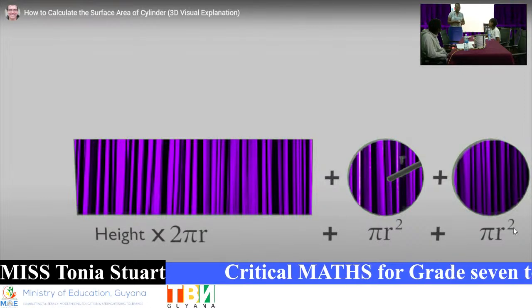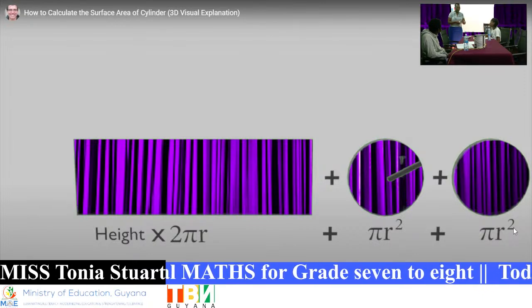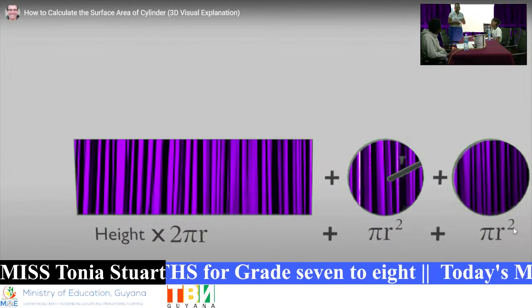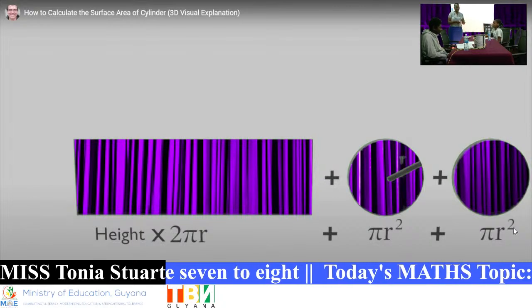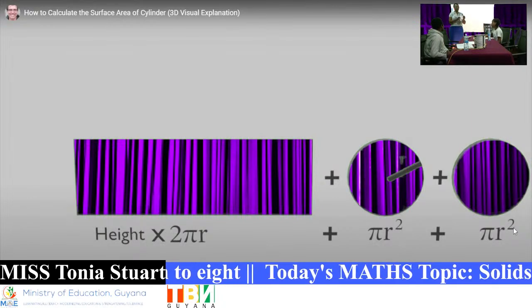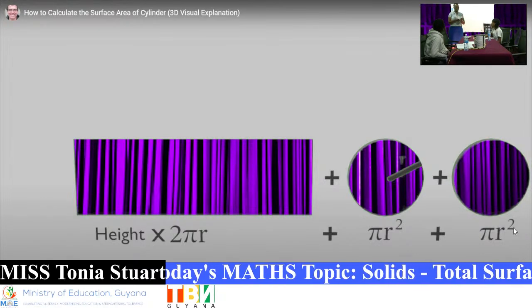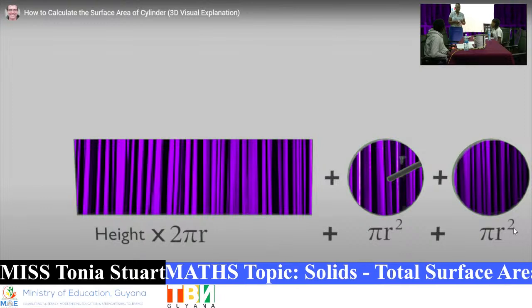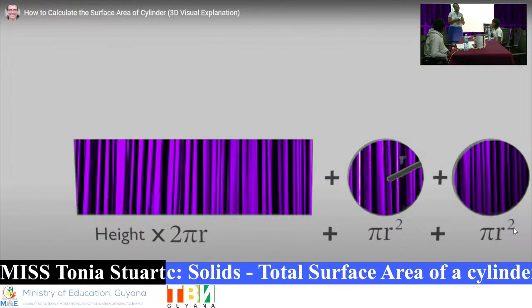What is it called for the circle? The circumference, right? So, the length of the rectangle is actually the circumference of a circle. And the circumference of a circle is the distance around the circle.